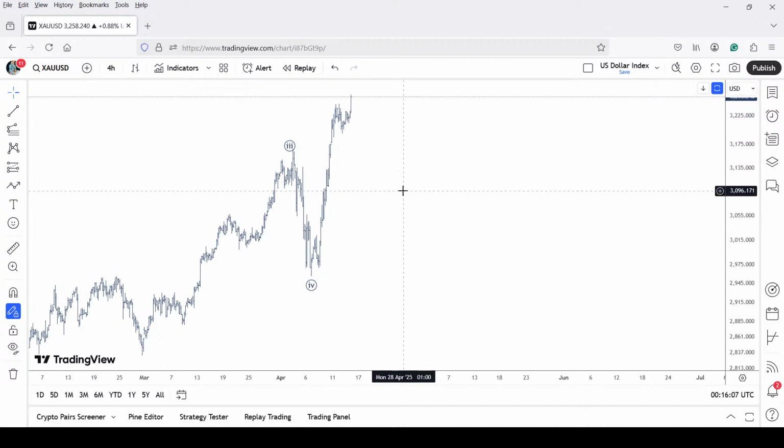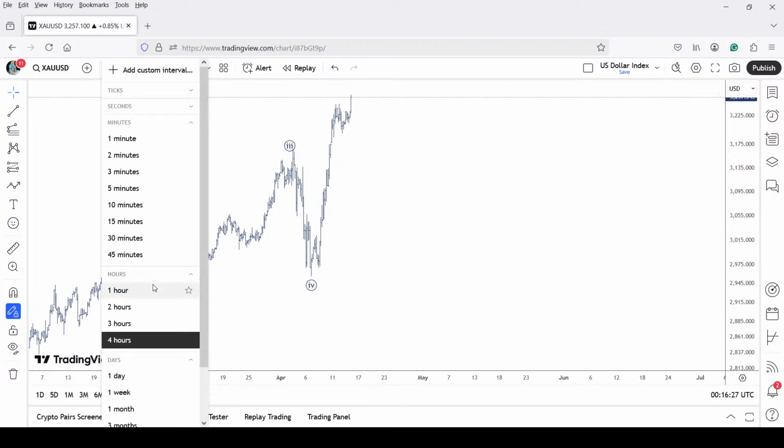there might be one more high, because the rally here from the 3195 lows yesterday on the previous sessions is still wave 1, wave 2 and wave 3, so it's still not completing 5 waves.